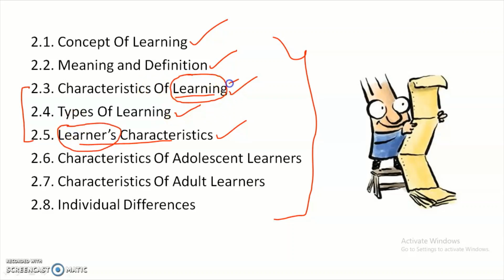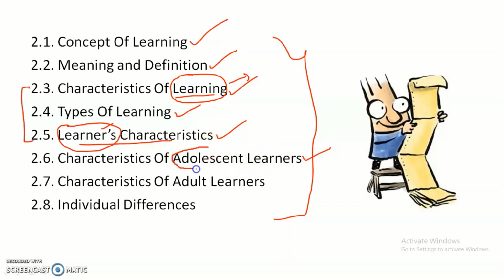Learning is just the process of learning, right? And learners means, for example, students, and of course not only students, but also faculty and lecturers. All these come under the learners, right? The next topic is the characteristics of adolescent learners.